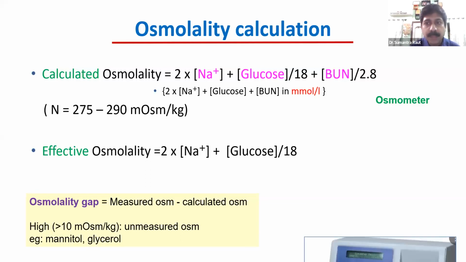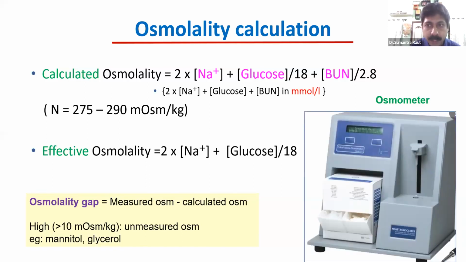The osmolality can also be measured in some labs with an osmometer, and that is called the measured osmolality. Many times the calculated osmolality can come around 290, whereas the measured osmolality can be a bit higher, around 300. Up to 8 to 10 difference is possible in a normal human being, because of some unmeasured osmoles which are not regularly measured in routine labs.